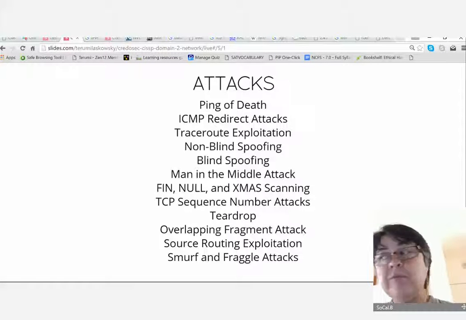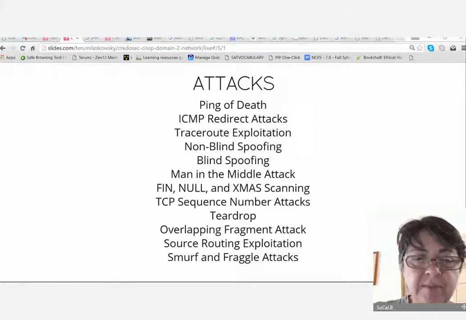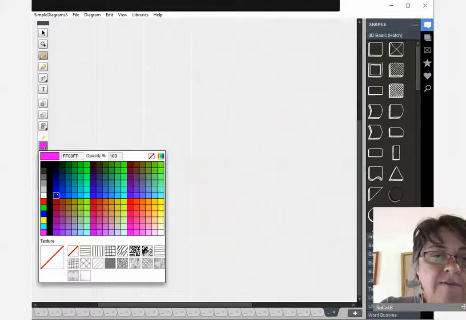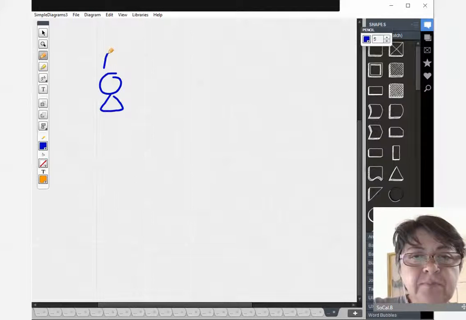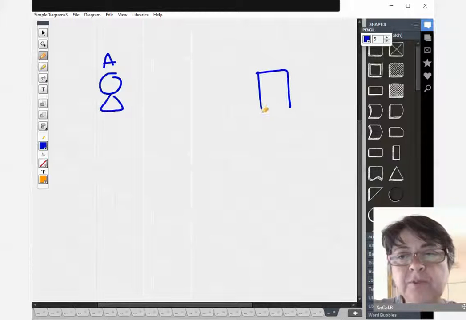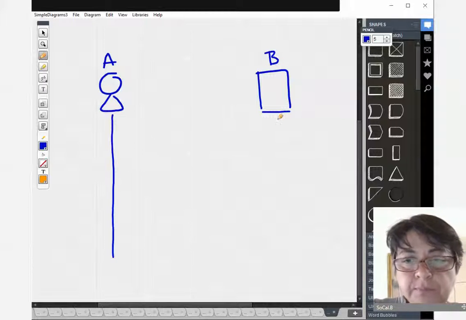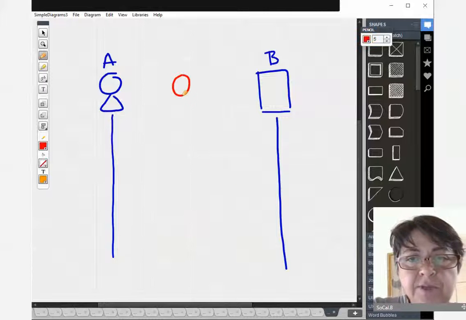All right, so man in the middle. We've seen man in the middle already, right? But let me reiterate it one more time so that we're pretty clear about it. Let's say you have a client doing something with server B, and let's say the attacker is right there.